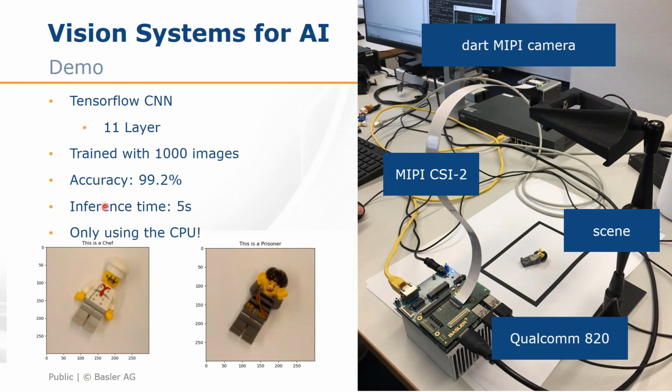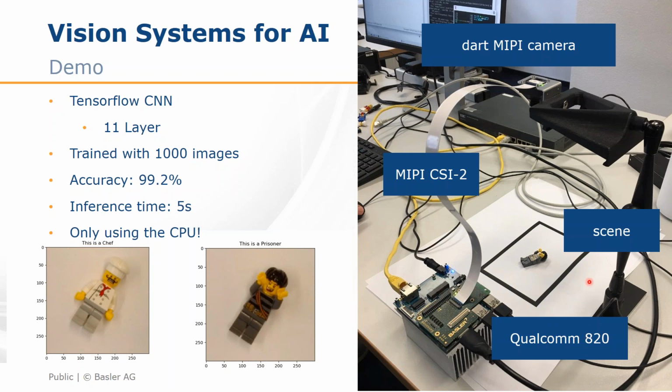This is why we wanted to show you that this is a real, not the biggest net, but 4 convolutional layers are already a requirement for such a board. And it takes only 5 seconds for the board to run through the inference and give, with a probability or confidence of 99%, what kind of class it detected below the camera.